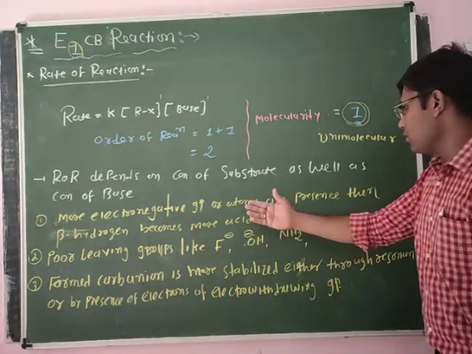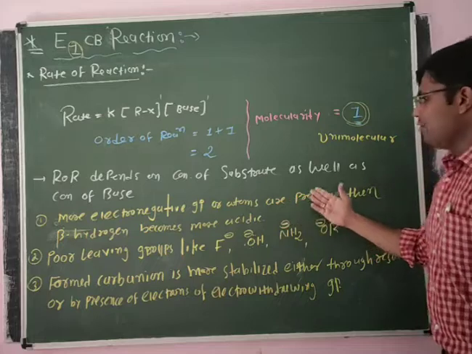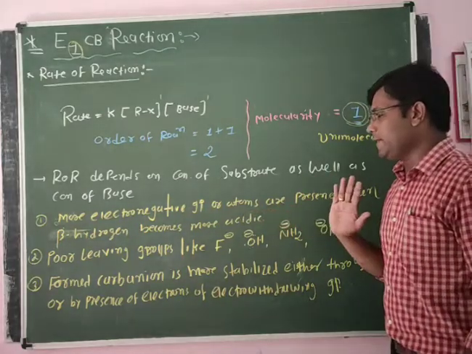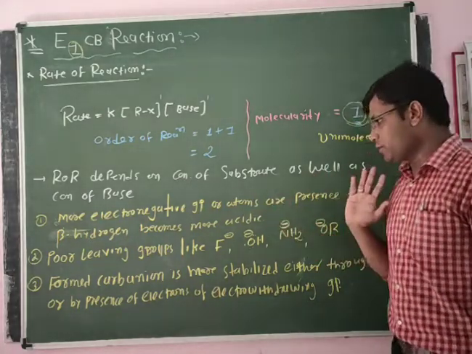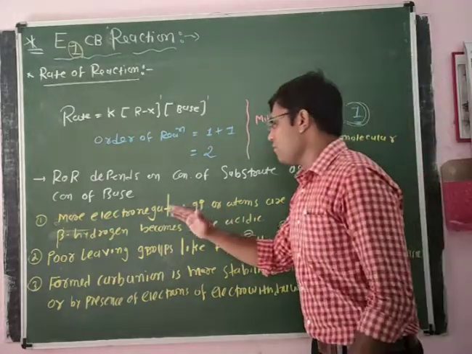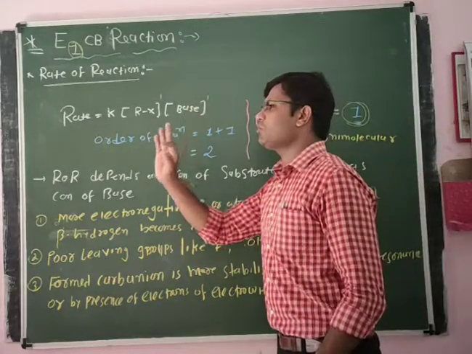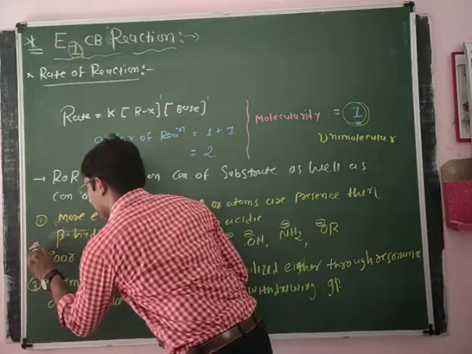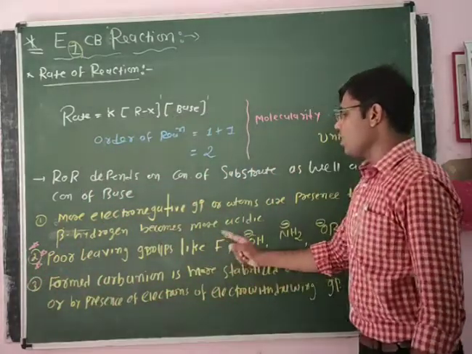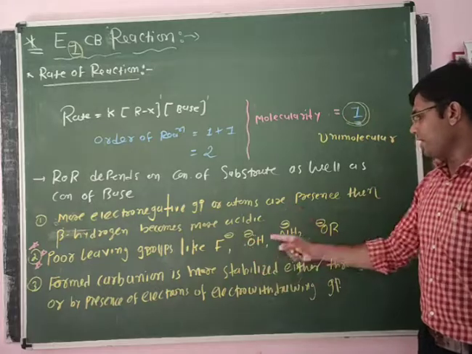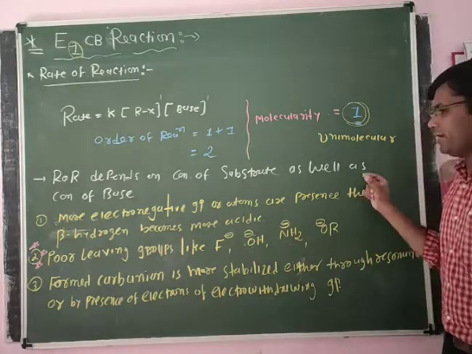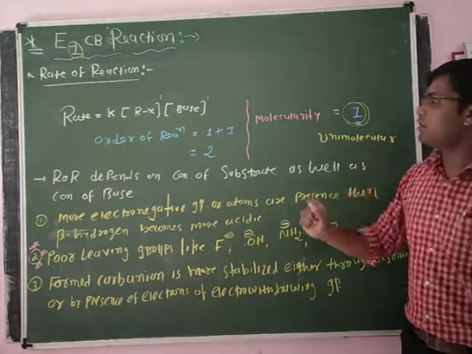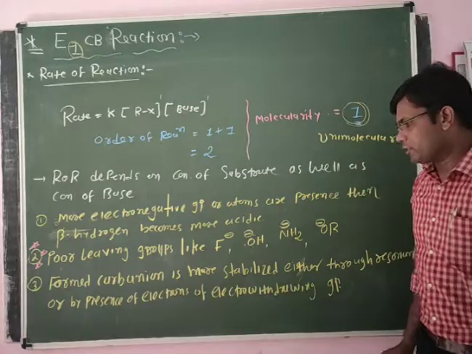If there are more electronegative groups, then beta hydrogen becomes more acidic, then the reaction will occur faster. In the presence of a poor leaving group, this is the most important criterion for this reaction. Poor leaving groups like F-, OH-, NH2- favor this E1cB reaction.